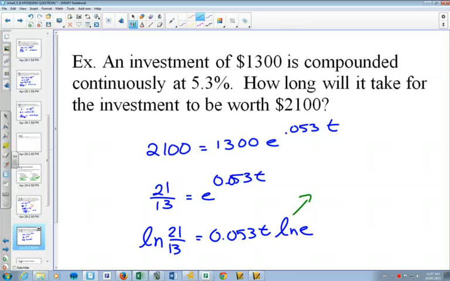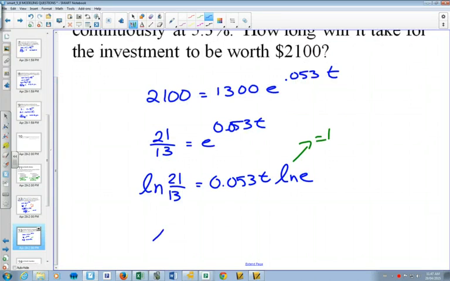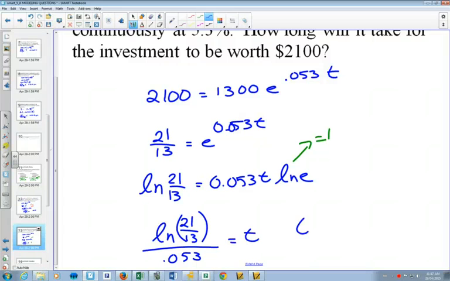And of course, the natural log of e is equal to 1. And did you get 9.05 years as our approximation?